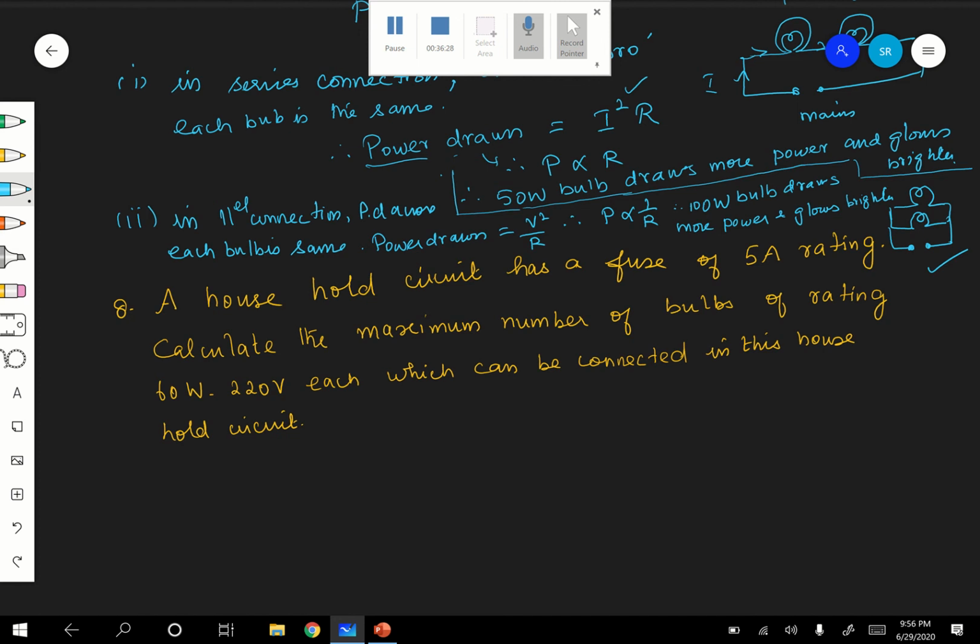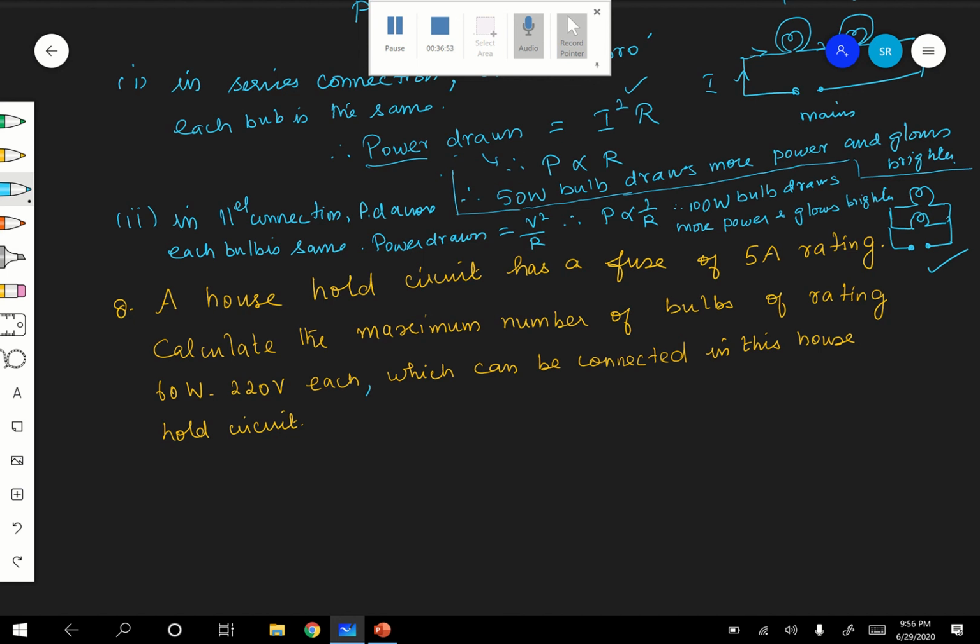Calculate the maximum number of bulbs of rating 60 watt, 220 volt each, which can be connected in this household circuit. First you understand, okay?